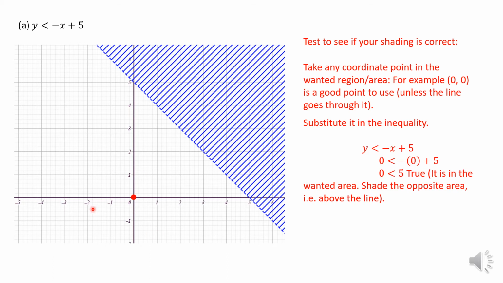So this is the wanted region, and therefore you shade what is above the line, because what is below the line, when it's less than or less than or equal to, is the truth. So the unwanted region is above, and that is the region we shade. You could also choose any other point here, 1, 2, and so on, because you cannot always use the point 0, 0, because some lines pass through that point, and then it would be very difficult for you to determine.